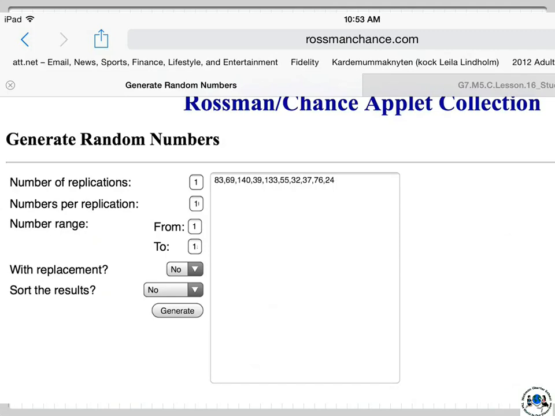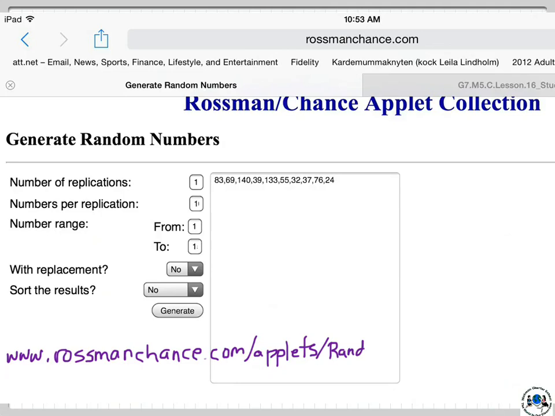Here is a picture of this random number generator, and it is at this address right here. If you could write this down, or just open up a new tab and enter this.